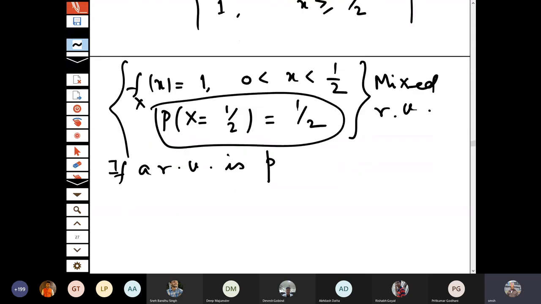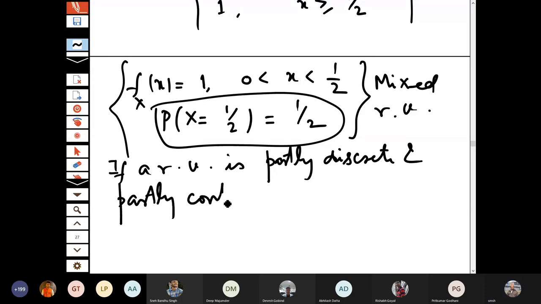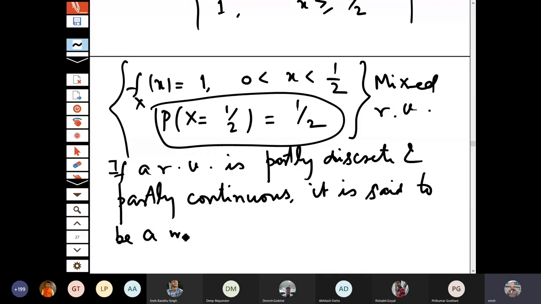Okay. So if a random variable is partly discrete and partly continuous, it is said to be a mixed random variable. So for example, you have studied plasticity and elasticity of material in mechanics.